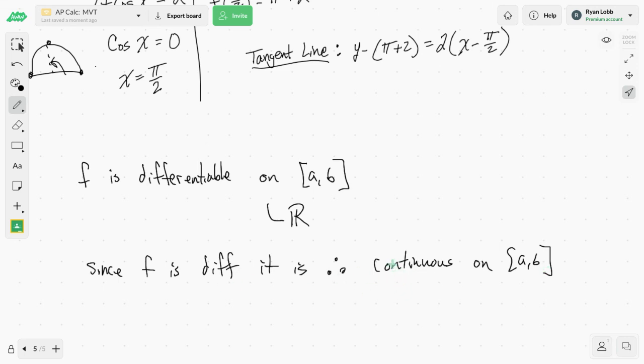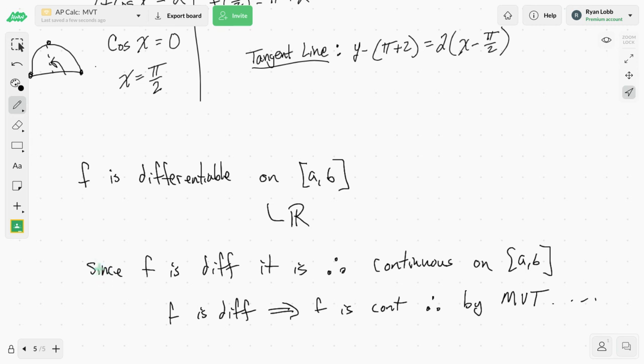So if you're just told the function is differentiable, you have to state that differentiability implies continuity. You could say, f is differentiable implies f is continuous, therefore by the mean value theorem, and then you could go do your work. But you've got to show that kind of justification and why you know it applies.